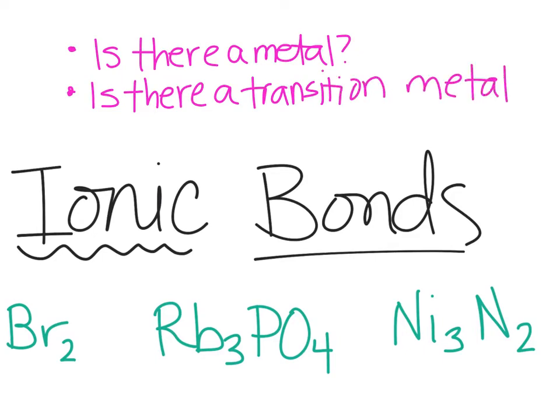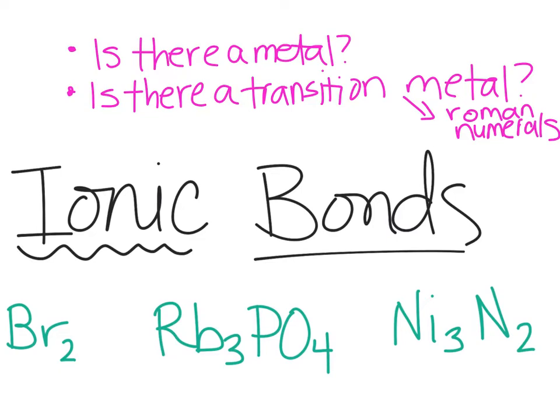The main words. Is there a transition metal? If there is, then what would we have to do? Got to figure out the charge. You're going to need Roman numerals, so that'll be the one that we will have to figure out. And I'll run through it one more time today before we keep going, okay?